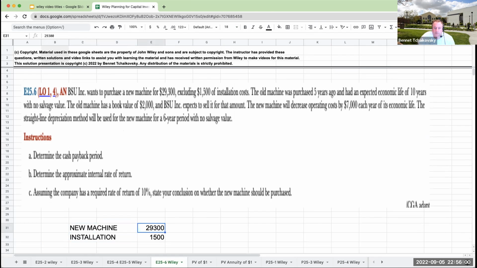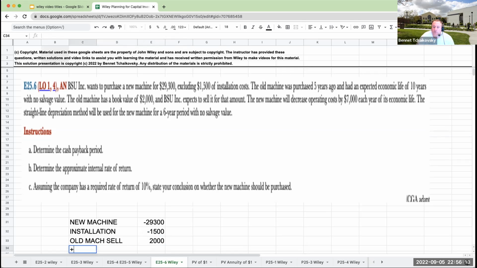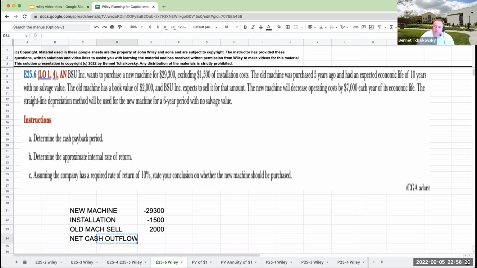Let's do these as negatives. But my positive is I'm going to sell the old machine, and this is going to give me $2,000. So my net cash outflow is going to be $28,800. That's how much I'm going to have to pay out today in terms of cash.